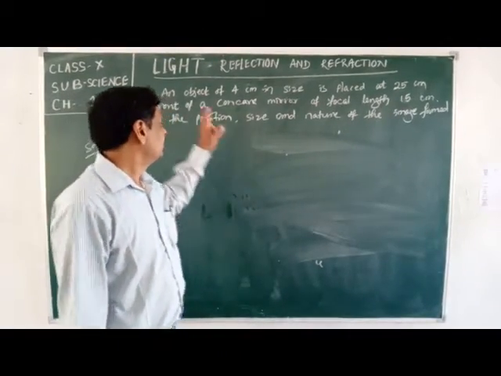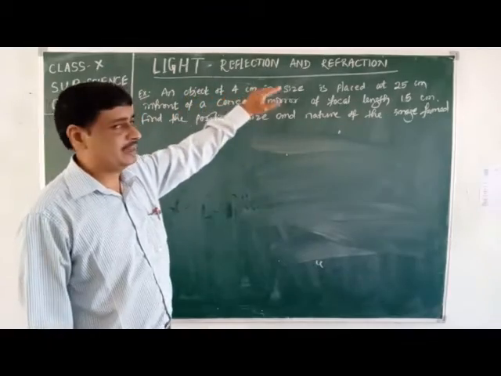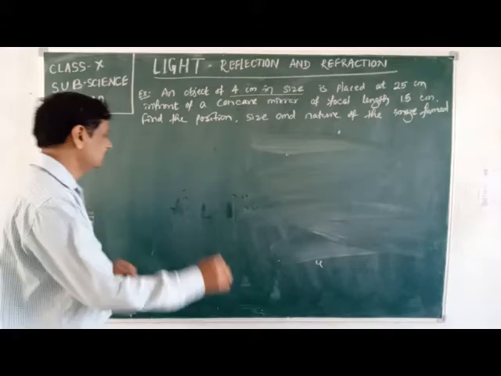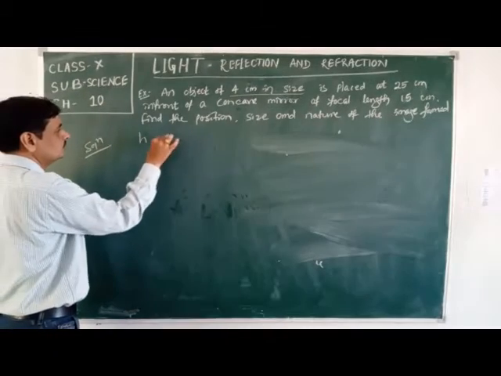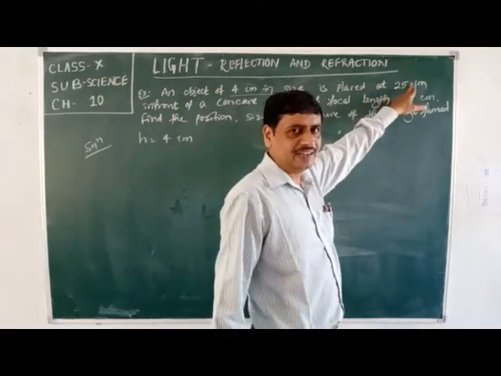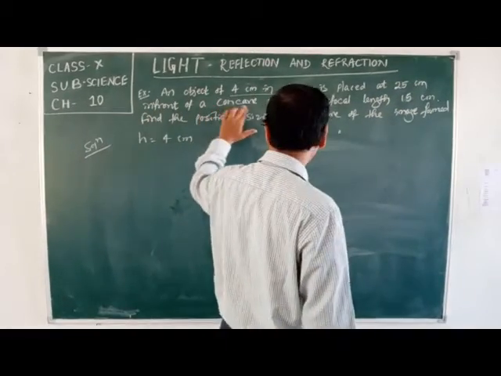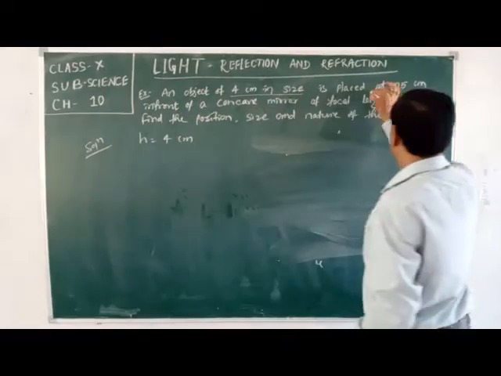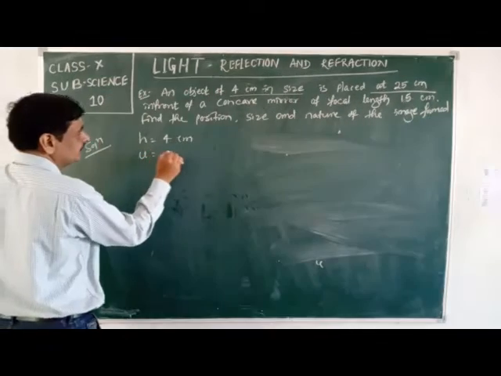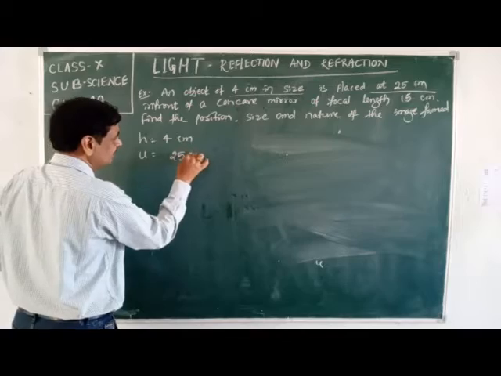Here, it is given that the object of 4 cm in size, that is size of object h is 4 cm, is placed at 25 cm in front of the concave mirror. The object is placed, that is object distance u is 25 cm.